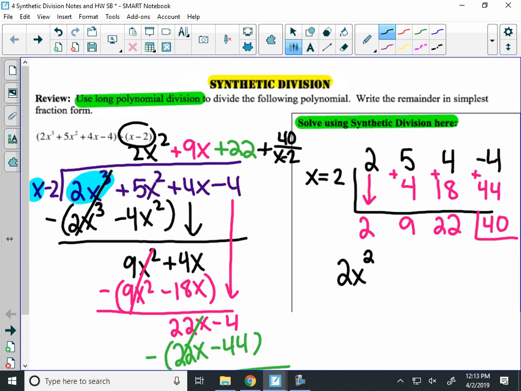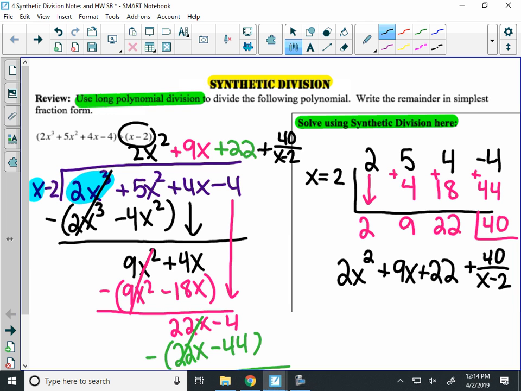I started with the cube. I divided by x, which means it lowered the exponent by 1. So this is 2x squared plus 9x plus 22. And we had a positive remainder of 40 over x minus 2. Did we get the same answer? This process was easier. A little synthetic, right?